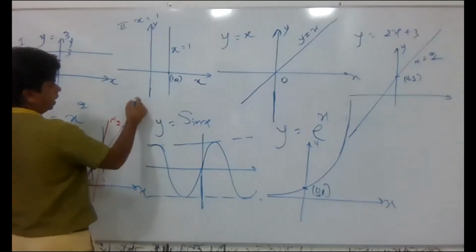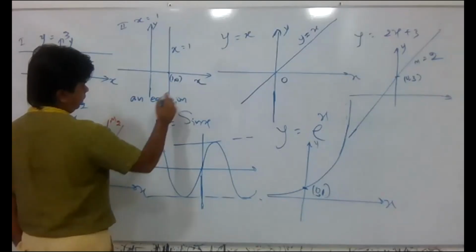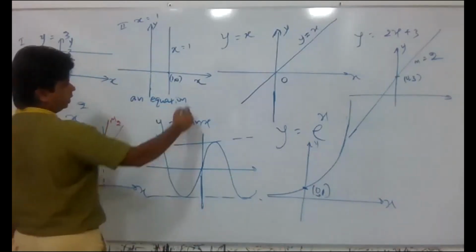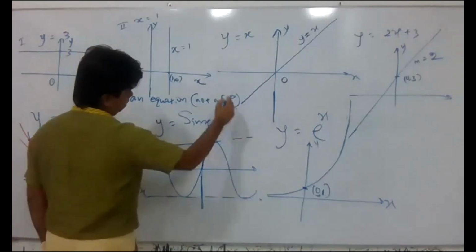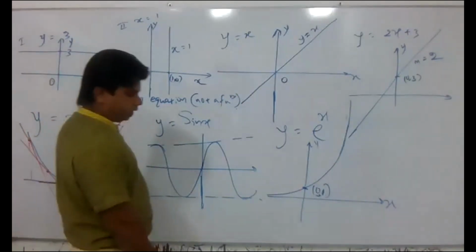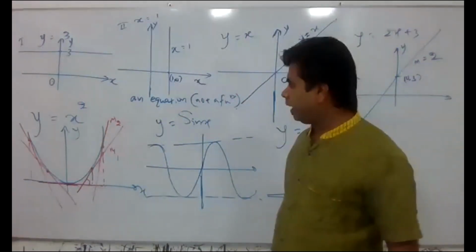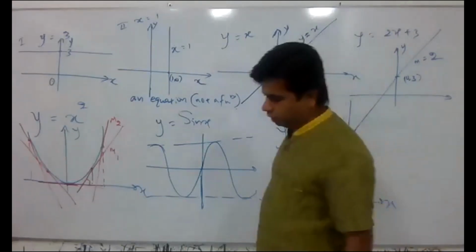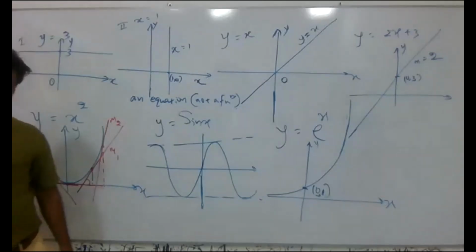Now under that you can write an equation, actually not a function. Even write within bracket, not a function. The gradient is undefined.